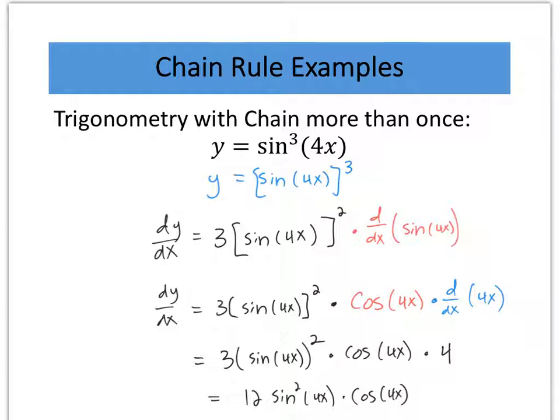And it seems really messy, but notice that we had to do the chain rule twice. When we took the derivative of this, we needed to use the chain rule to do the derivative of this, and the derivative of this ended up being 4. So I hope that makes sense: this stuff is the first chain rule, and then the chain rule again happened here. So all of this is associated with the chain rule.